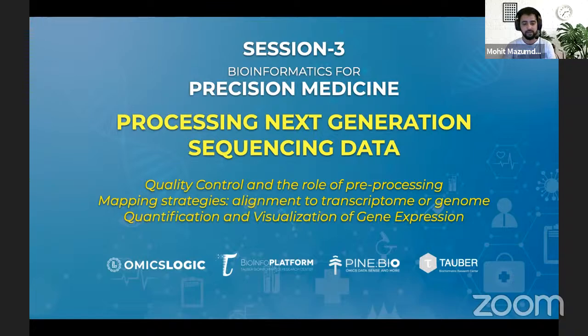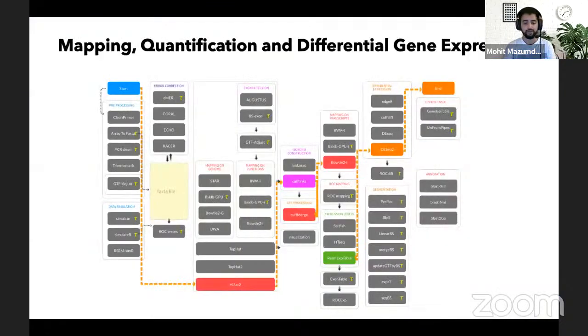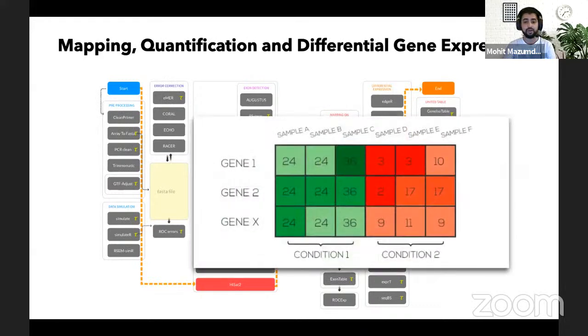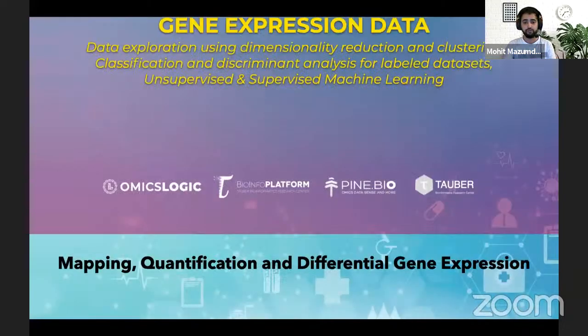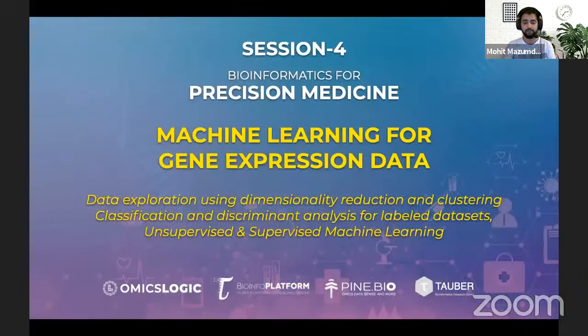In this session, we will be going through the processing pipelines. We will prepare a full pipeline and then go through different types of analysis that we do for gene expression data. The session after that, the fourth session, is on machine learning.